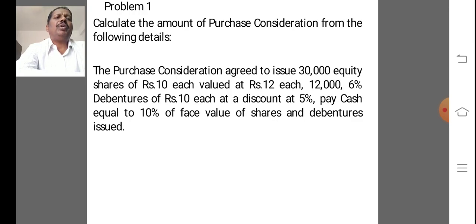Here, in the first problem there were 30,000 equity shares; I take 15,000 equity shares. Debentures were 12,000; I take 6,000. And everything else remains the same.